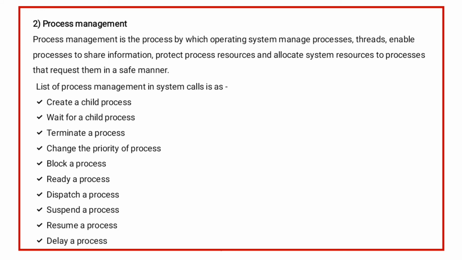Process management is the process by which the operating system manages processes and threads, enables processes to share information, protects process resources, and allocates system resources to processes that request them in a safe manner. In a multiprocessing environment, operating system allows more than one application or process to run simultaneously.